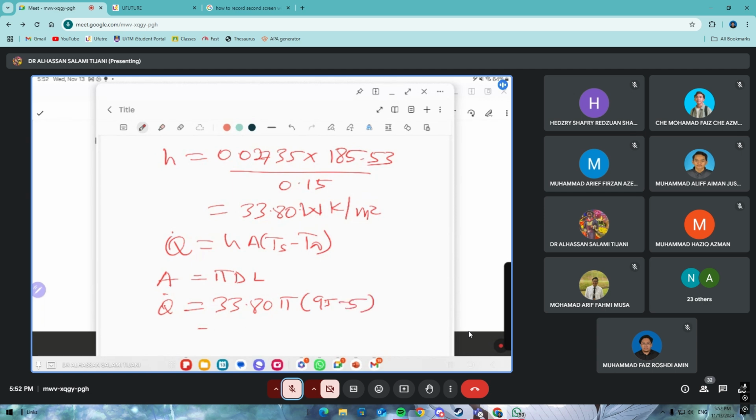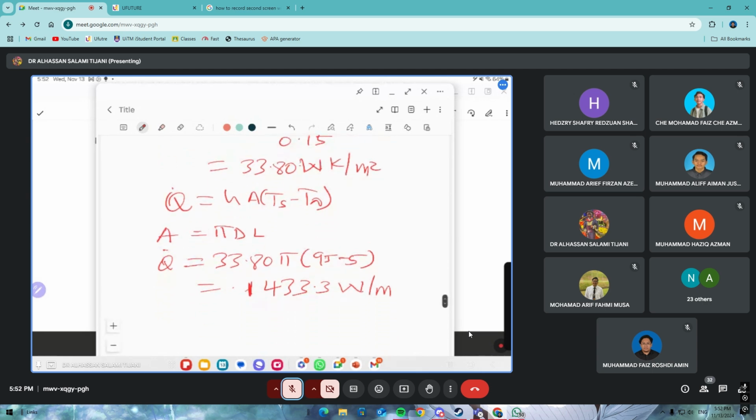Okay, so this gives me 1433.3 watts per meter. Okay, so it means watt per length. So this gives us the final answer.